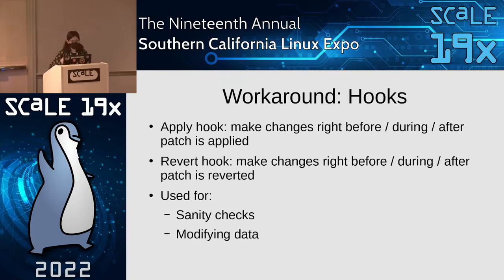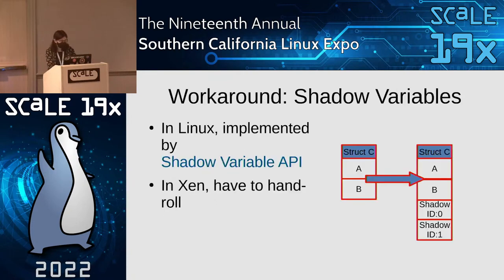You can use it for modifying data. So if, for example, you wanted to add that bit to that bit field and you knew where all of the instances of that structure were in memory, maybe you could go back and backfill some of what the definition of that bit is, as an example.